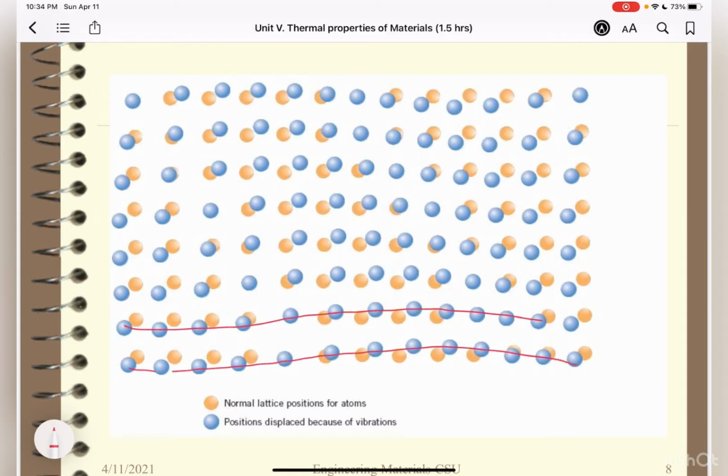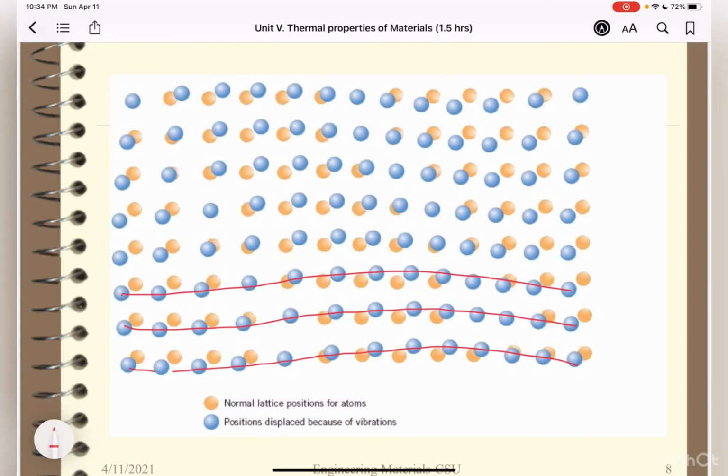So you would see wave-like positions. Note that vibrations of adjacent atoms are coupled by virtue of the atomic bonding. So the vibrational thermal energy of a material consists of a series of these elastic waves, which, as all waves, have a range of distribution and frequencies. You've learned that in chemistry or physics.